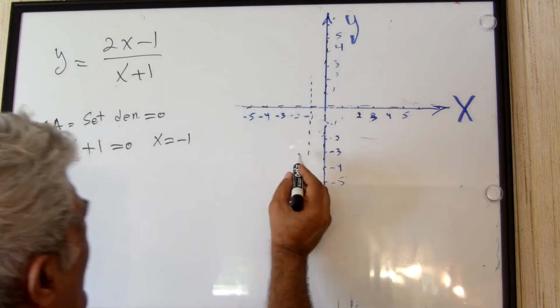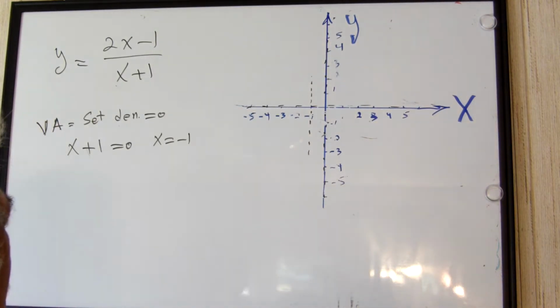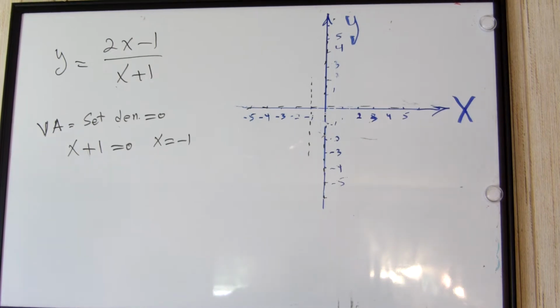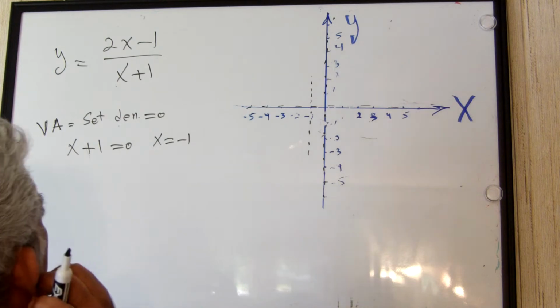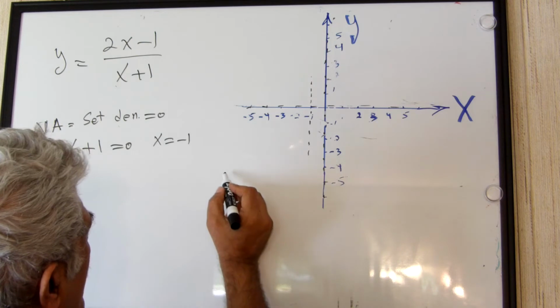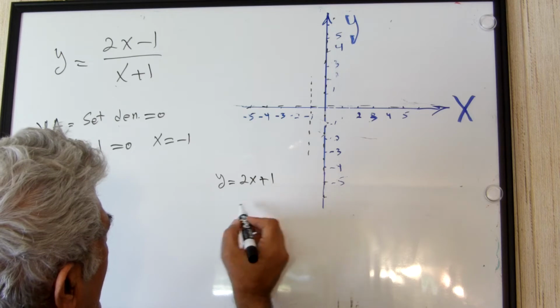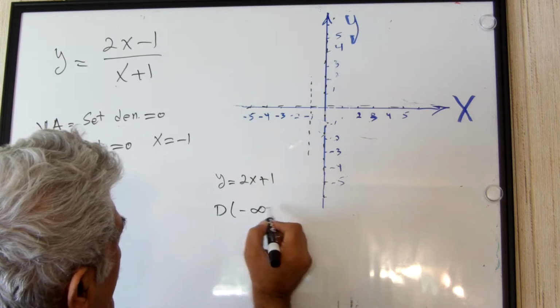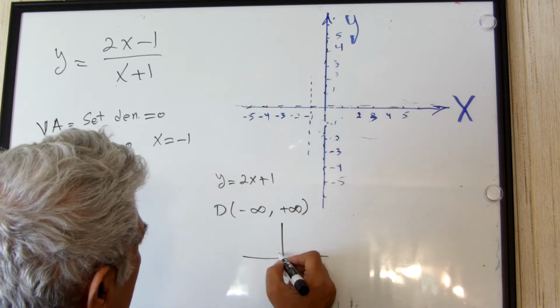I mean, for the domain of this function, we are going to find out first how it looks, and then we can say what the domain is. You remember that for a linear equation like 2x plus 1, the domain is minus infinity to plus infinity, because it is just a line.